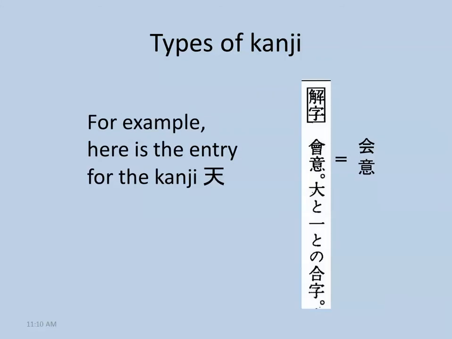Here is the entry for the kanji ten, or sky, and it tells us that this is a kaiji. It is oki and ichi together, and that forms a particular kanji. So if you see this indicator, kaiji, that will tell you, okay, this is going to give you that particular category within this system.